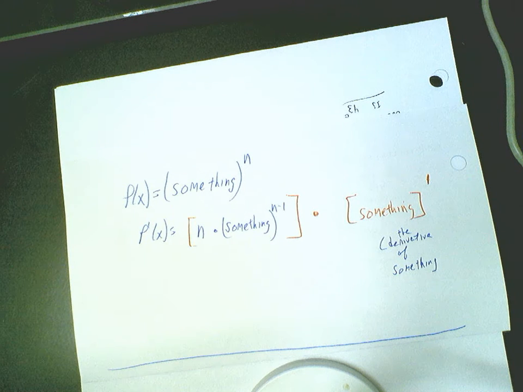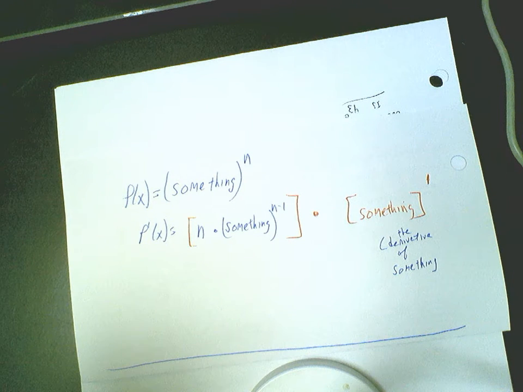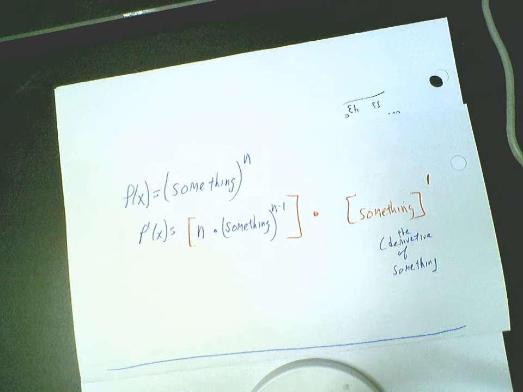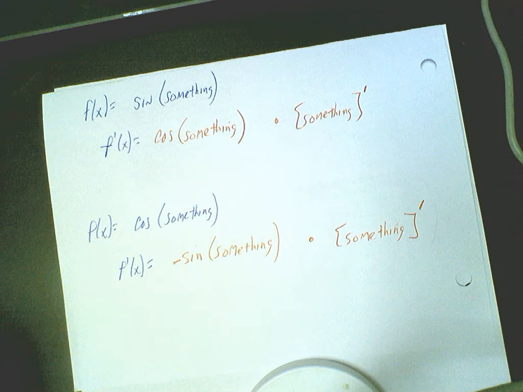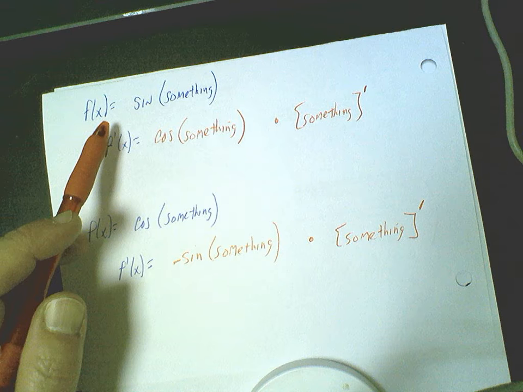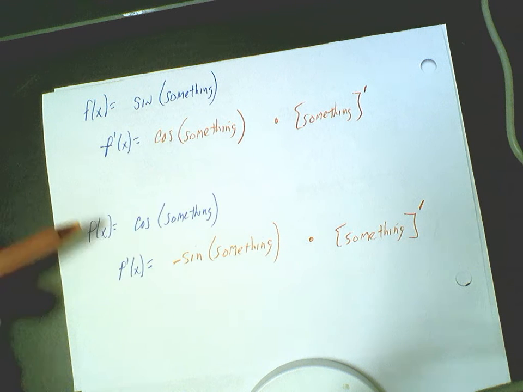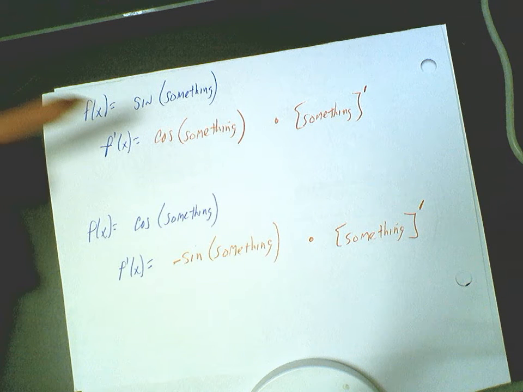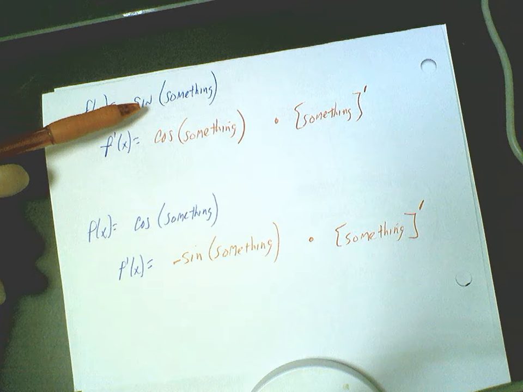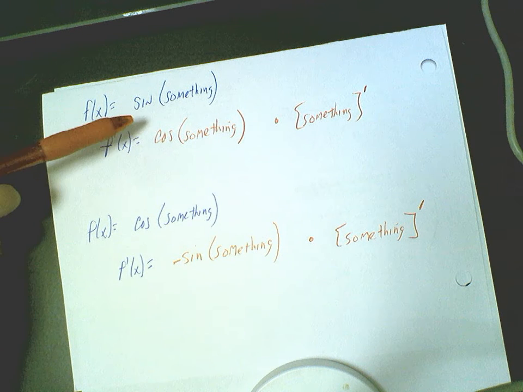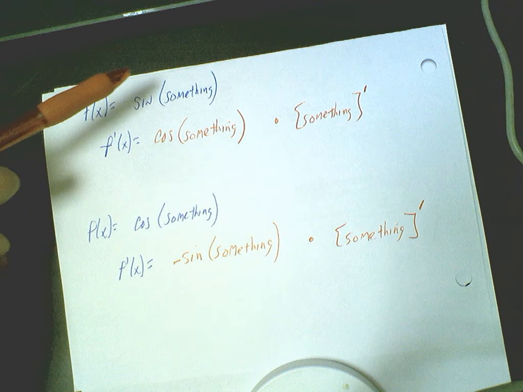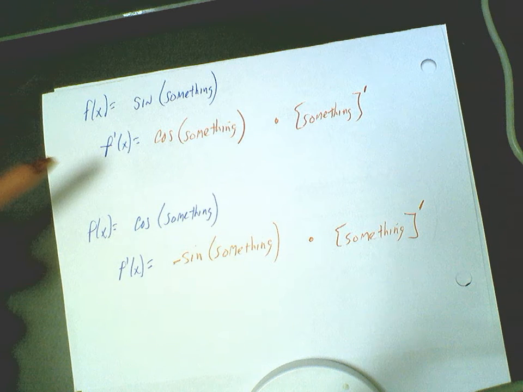So again, we did some of these pieces in class, hopefully you saw it, but we're going to work through these fundamental structures. Let's talk about sine and cosine. f of x equals sine of something. Well, what's the derivative going to be? Remember, the derivative of the sine function is the cosine function. So the derivative of sine of something is nothing more than cosine of something times, again, the derivative of something.